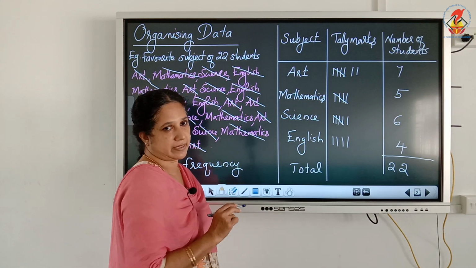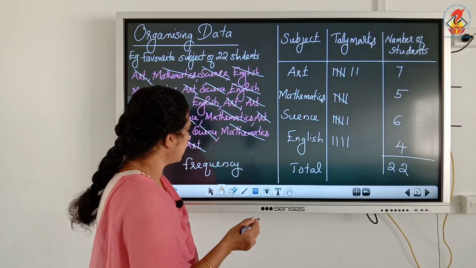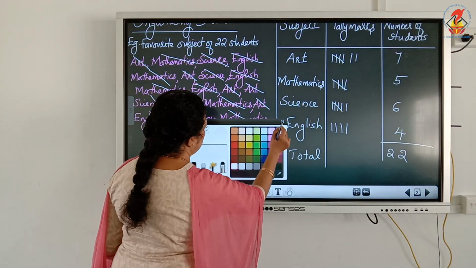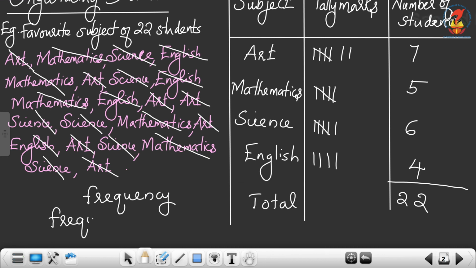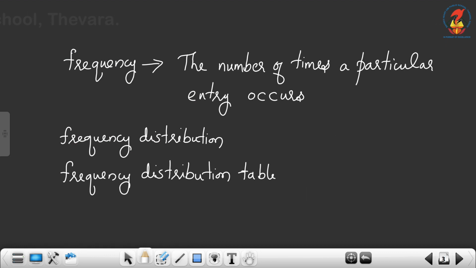And the table made is known as a frequency distribution table. Therefore, instead of number of students, you can write frequency.